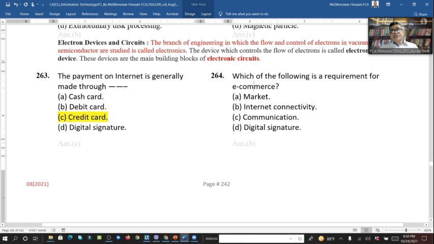So for e-commerce, we must require internet connectivity. Without internet connectivity, we cannot fulfill our e-commerce business. So which of the following is a requirement for e-commerce? Internet connectivity is a requirement of e-commerce. Answer is B.